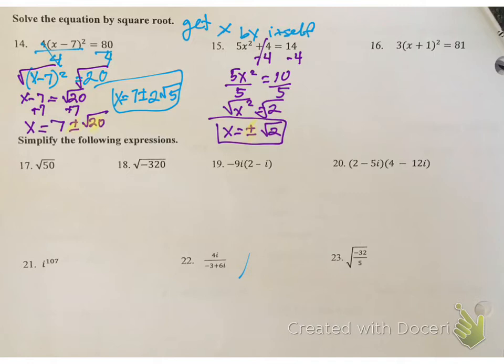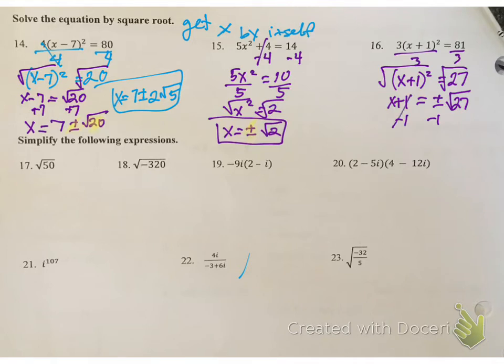Number 16, divide by 3. So x plus 1 squared equals 27. Square root. X plus 1 equals plus or minus the square root of 27. Subtract 1. X equals -1 plus or minus the square root of 27.